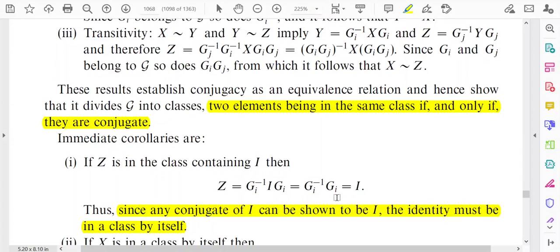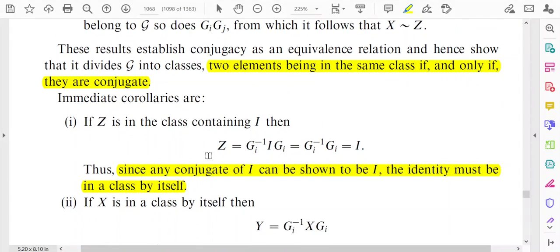Now, I into Gi is Gi, and Gi inverse Gi is equal to I. Thus, any conjugate of I can be shown to be I, because we initially assumed that Z is an element in a class that contains I, but here we have shown that Z is equal to I. So, the conjugate of I is I only, and the identity must be in a class by itself.